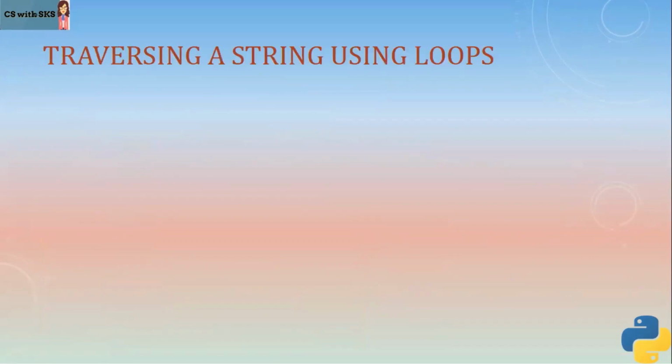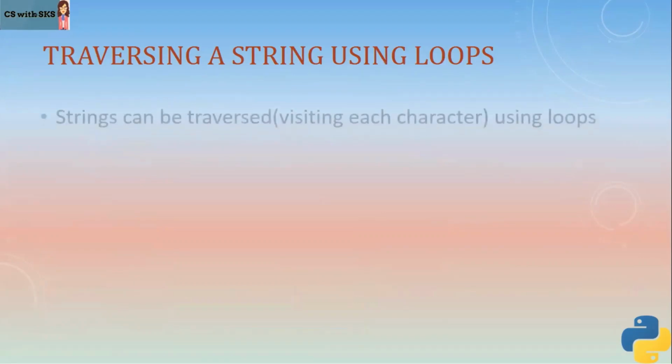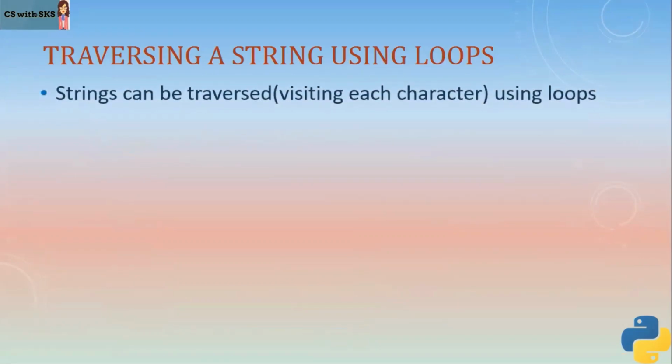Now, next is traversing a string using loops. Now, what is traversing? Traversing is basically visiting each character. Strings can be traversed, meaning each and every character can be visited using loops, both the loops, whether it's while loop or for loop. You can use any loop and you can traverse the string using any of the loops.